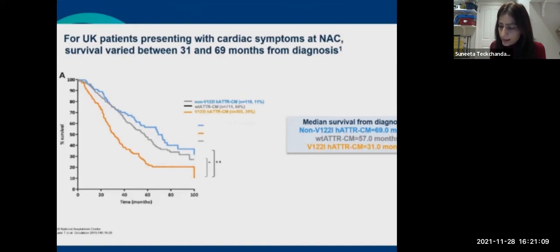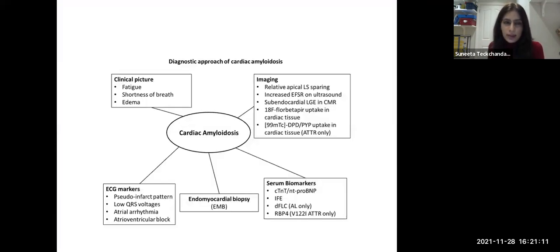And next slide, please. So this is more or less an overview of cardiac amyloidosis, where we have the patient's clinical picture, how they present. Not only is heart failure one of the diagnostic presentations, the other presentations are cardiac arrhythmias as well. So ECGs can pick up AV blocks to arrhythmias to, of course, low QRS voltages, etc. But not necessarily do you find low QRS voltages with this much hypertrophy in the patients.